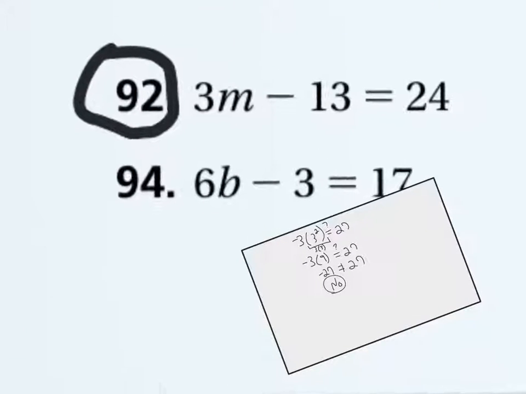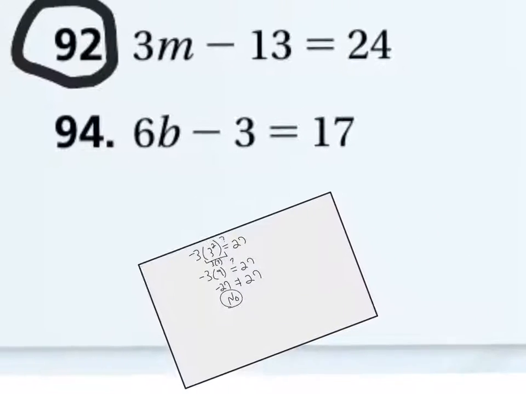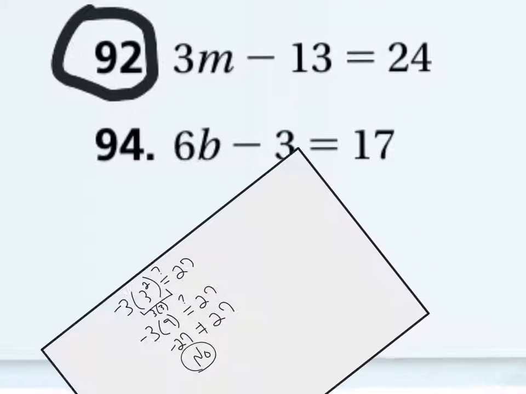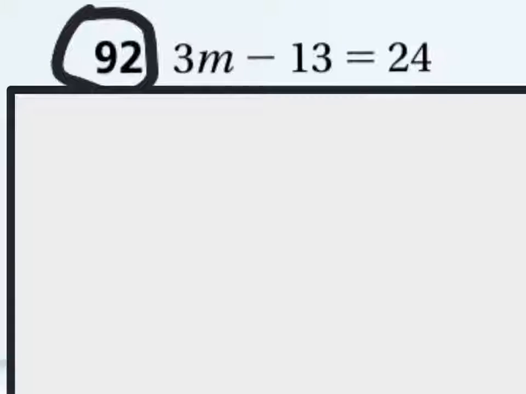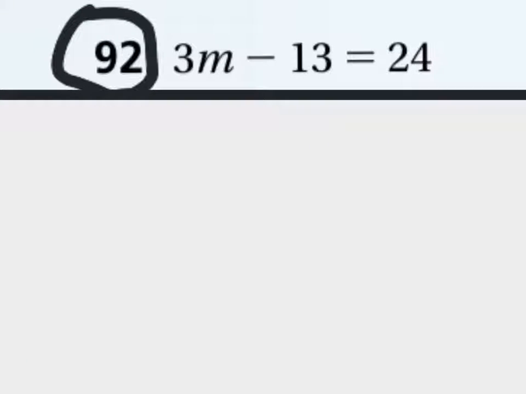If we go to number 92, they are saying they want us to use a table to find or estimate the solution. So if they ask us to do that, then I guess we need to do that.